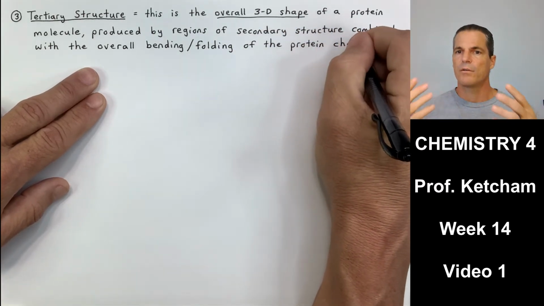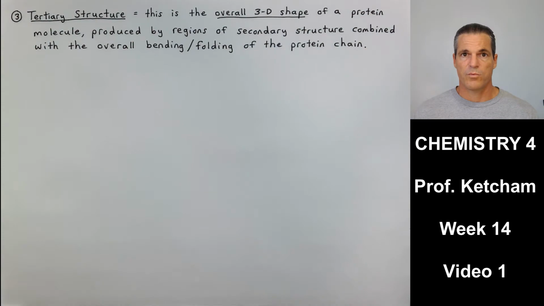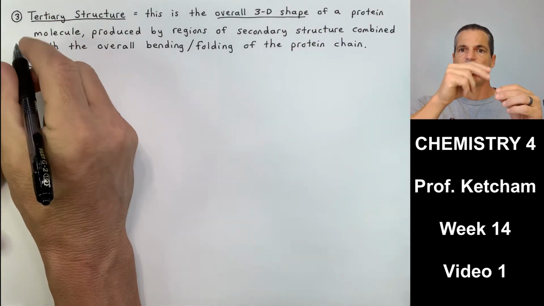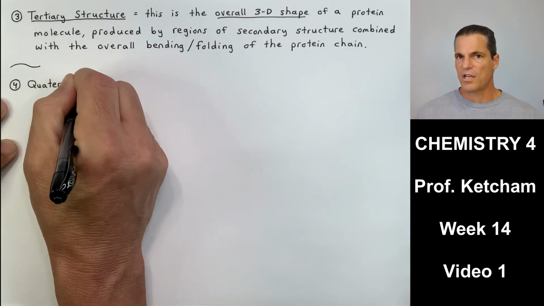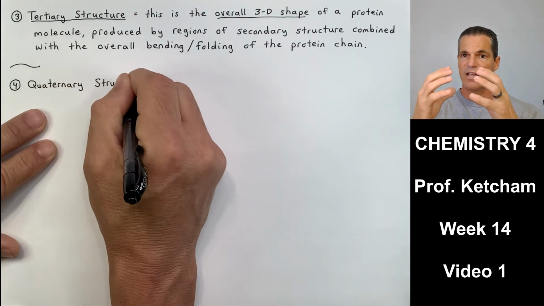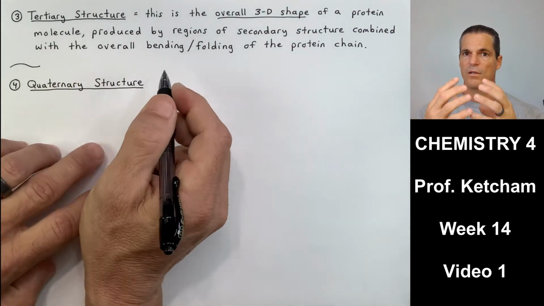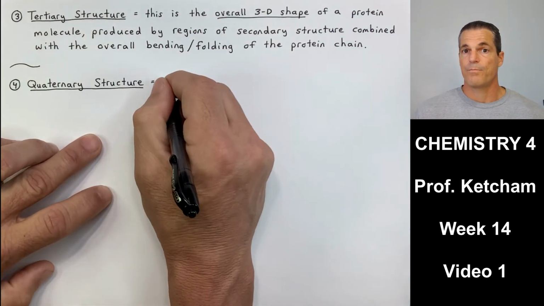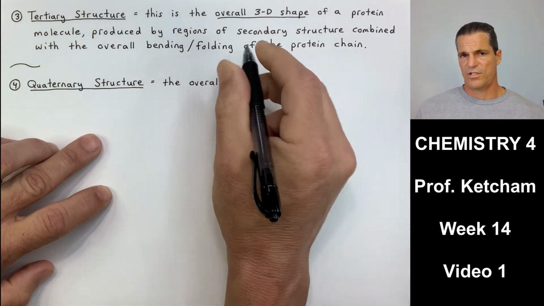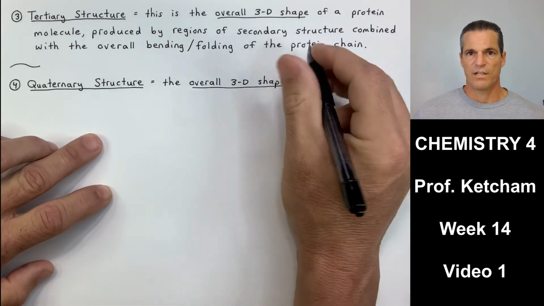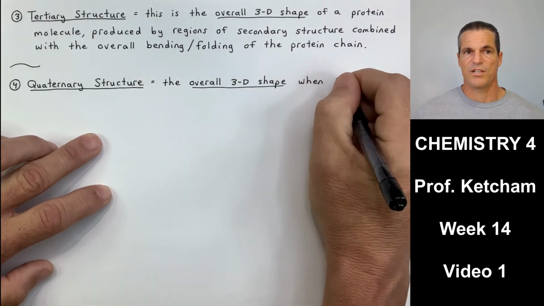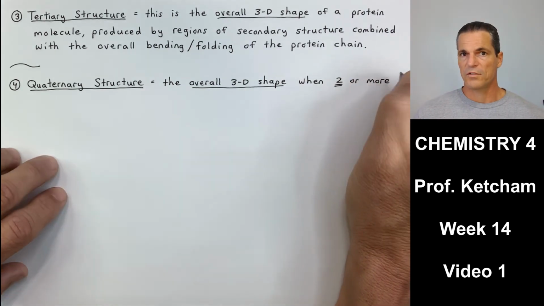And then there are other types of secondary structures as well. But over time, the alpha helix could stop and turn into a beta-pleated sheet. And then there are other secondary structures as well. But if you take that whole conglomerate as a whole, that's referred to as that particular 1 protein's tertiary structure. Okay? So it's the overall bending and folding of the single protein chain. Number 4, quaternary structure.